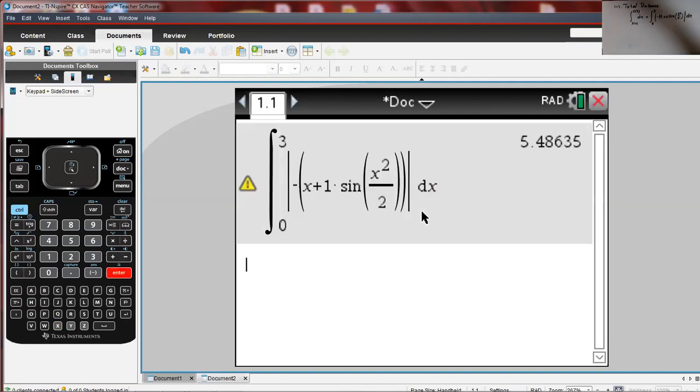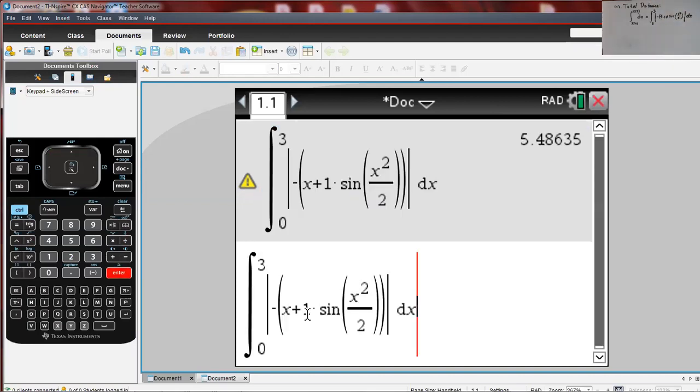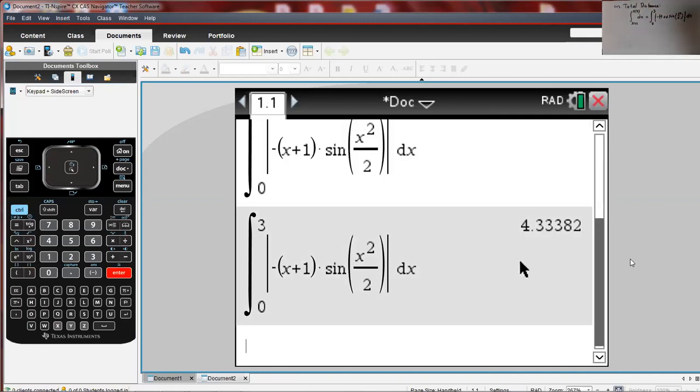So you press it, you get 548.6. Oh, I guess I did something wrong. I missed a parenthesis right here. I need to put here a parenthesis. That changes everything. Okay, enter. Now, this one, 433382, correct?